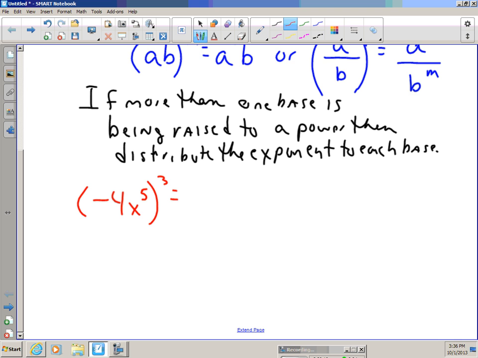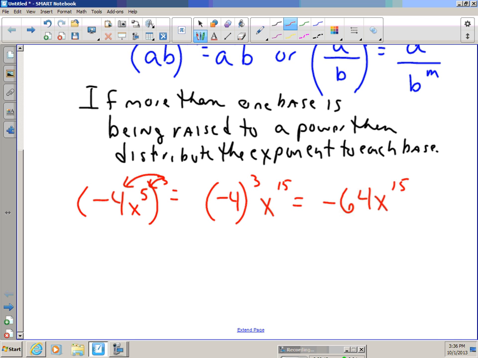What that is telling me is to distribute the 3 to the exponents of negative 4 and 5. Well, as we've learned, if there's no exponent written over a numerical base, it's an exponent of 1. So that means negative 4 to the third, x to the 15th, which means negative 4 times itself 3 times, which gives you a negative 64.